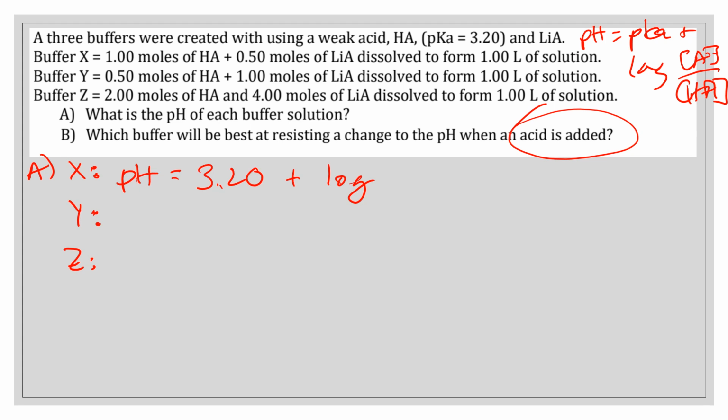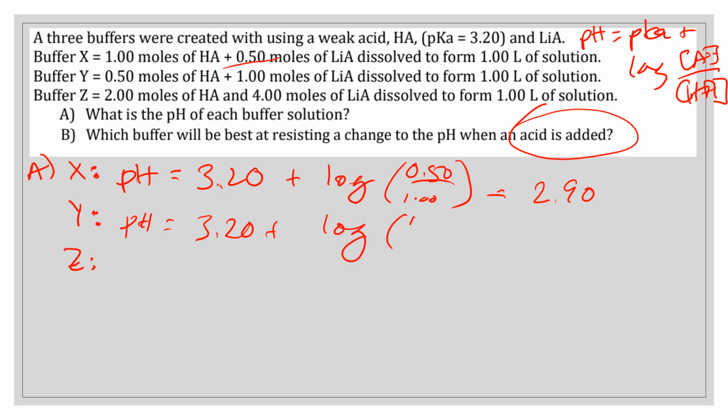So 0.5 divided by 1, so all of these, the numbers will match up. So it's going to be 0.50 over 1.00. I do the calculation for that. I will end up with a pH of about 2.90. pH for Y, it's going to be 3.20 again, plus the log of 1 divided by 0.50 for the acid, 3.50.